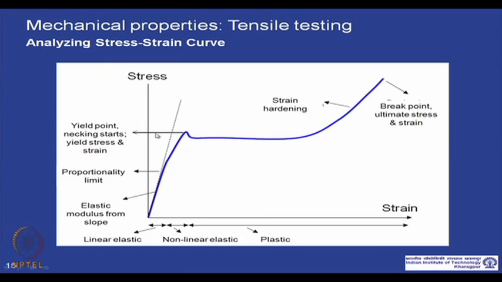The corresponding stress is the yield stress and the corresponding strain is the yield strain. On subsequent straining, sometimes at the end the stress might go up further. That is because strain hardening is taking place; the chains are already stretched, so further stretching of the polymer chains becomes difficult.